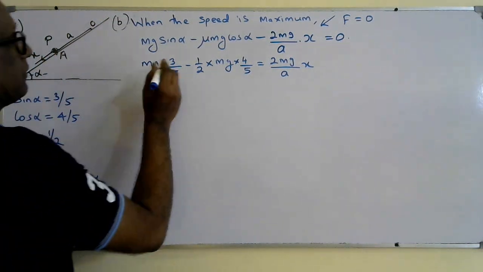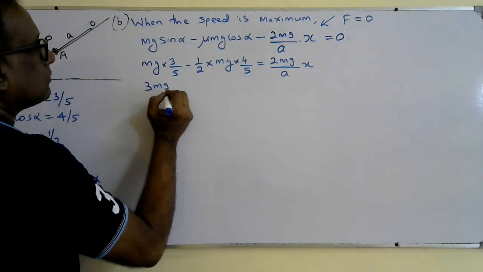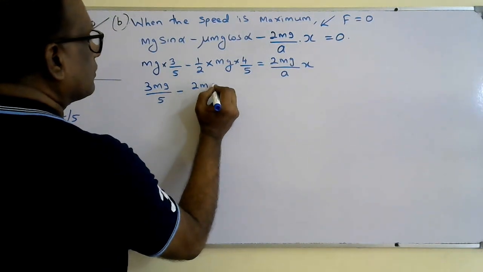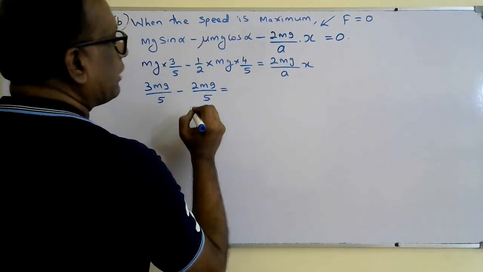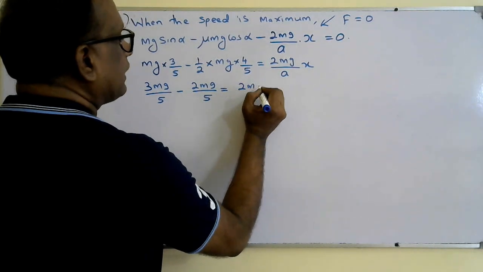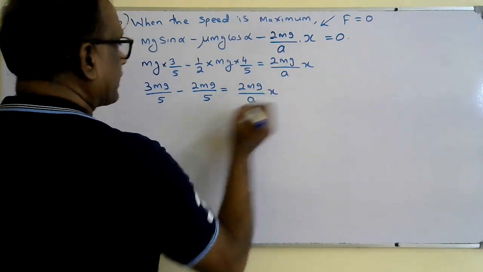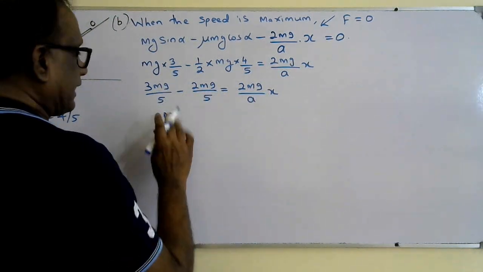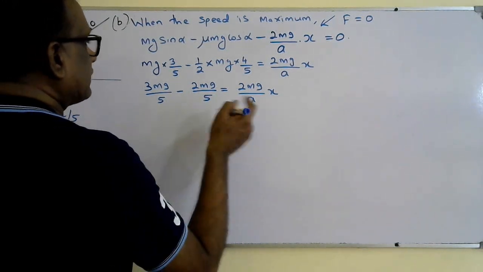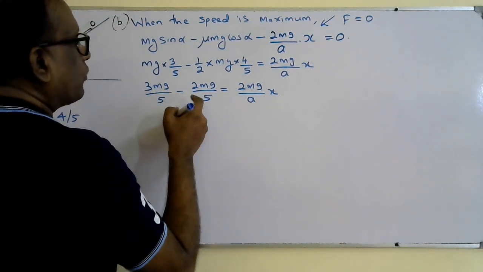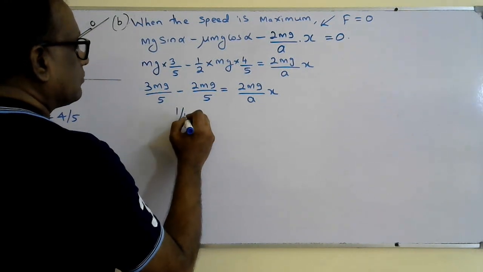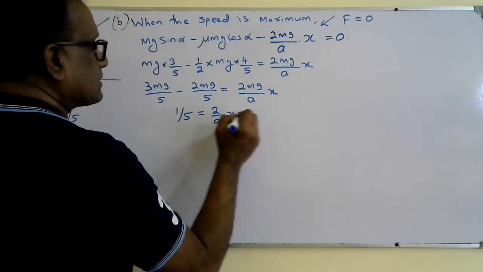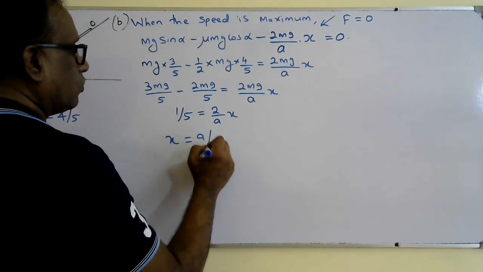We'll solve it: it becomes 3mg over 5 minus 2mg over 5 equals 2mg over a into x. So 3mg minus 2mg is mg over 5, and all the mg gets cancelled. That's 1 over 5 equals 2 over a times x. So x is going to be a over 10.